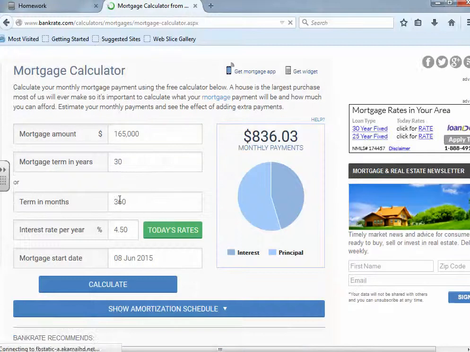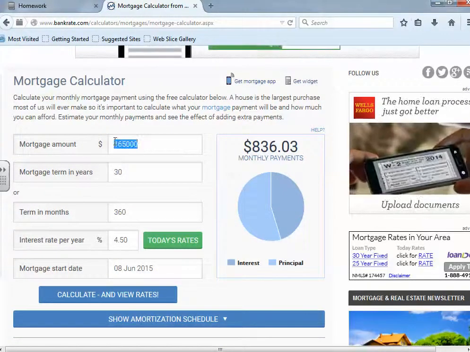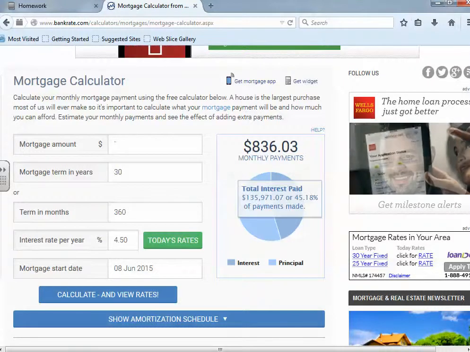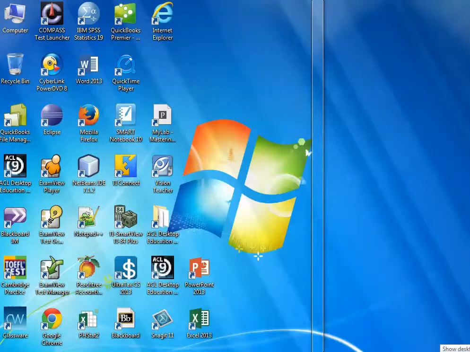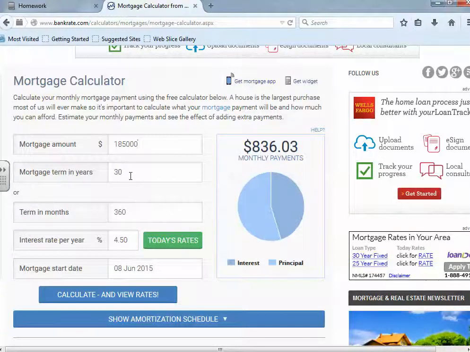Then we have the loan, the mortgage from the problem. Put in whatever your value is, 185,000. The term is 30 years, and it is 9.25%.